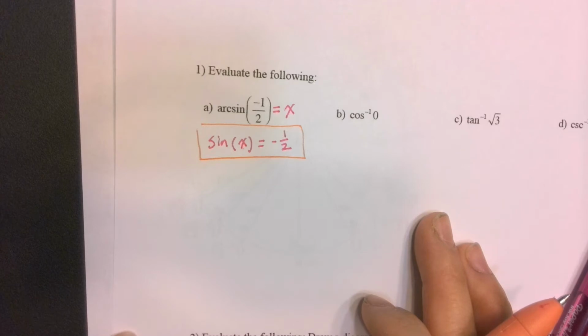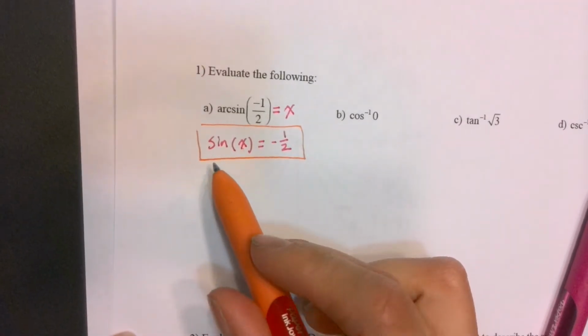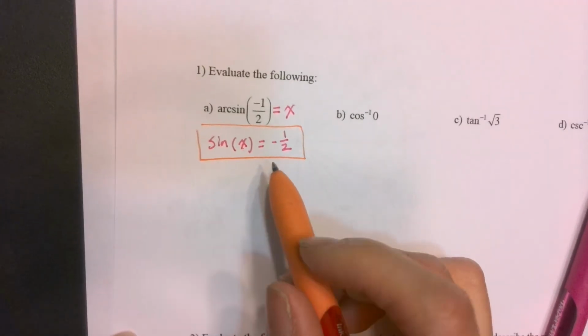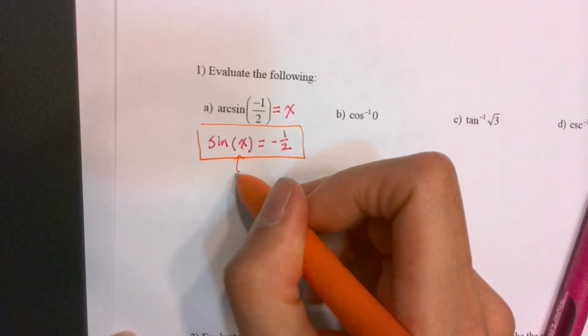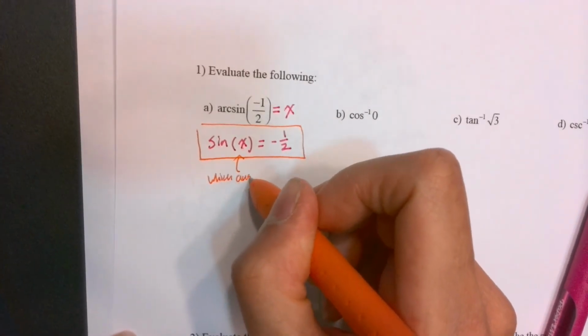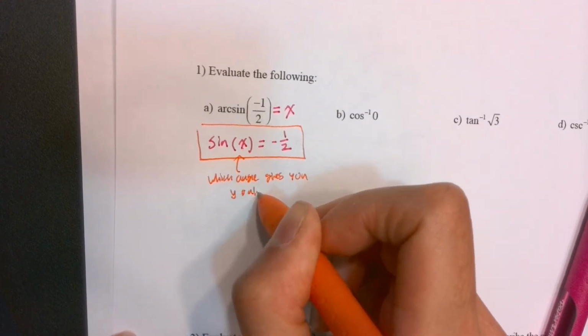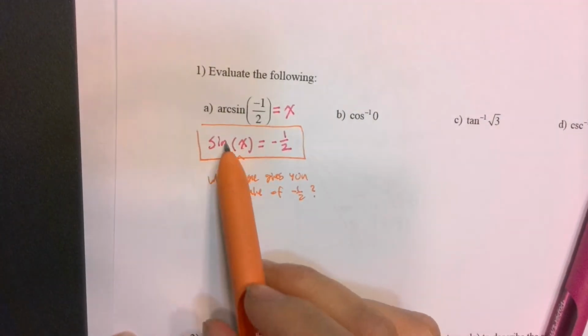Hopefully, yes. All right, so we're going to refer back to the unit circle. So is it fair to say that this problem is asking which angle gives you a y value of -1/2? Do you guys remember, sine goes with the y value on the unit circle.